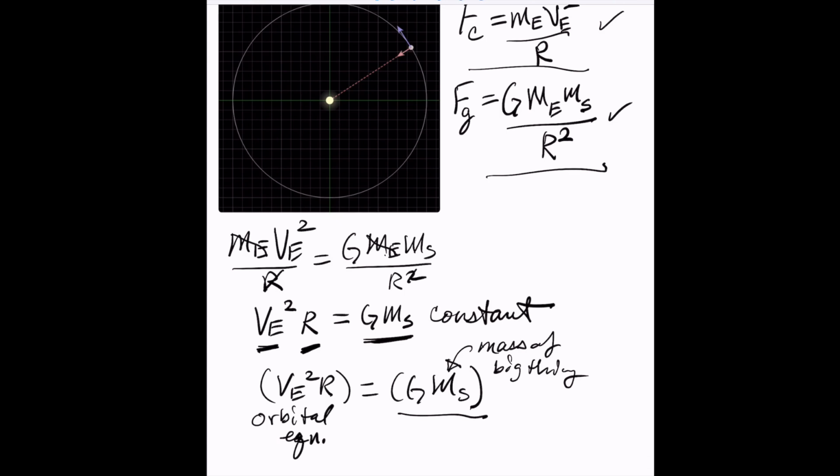So that means you really only need one thing. You either need the radius, which is how far you are from the sun, or you need the speed to get whichever one you don't know. So this orbital equation is extremely useful when we are attempting to do orbital mechanics problems. And typically all you'll need to think about is that product.